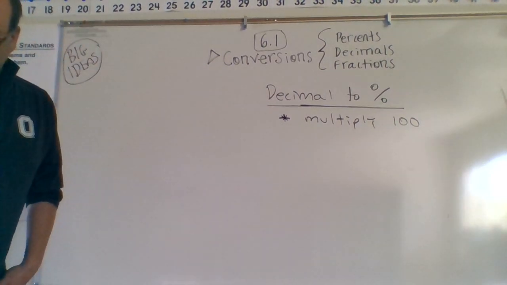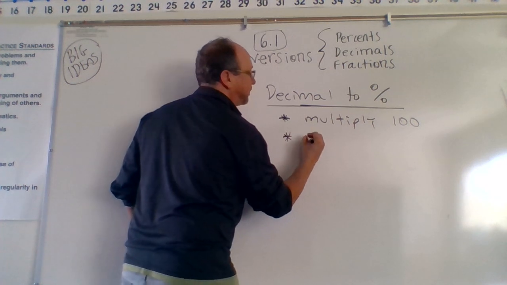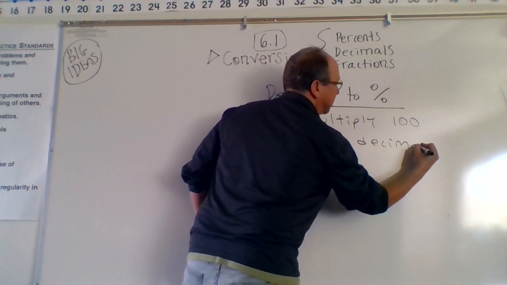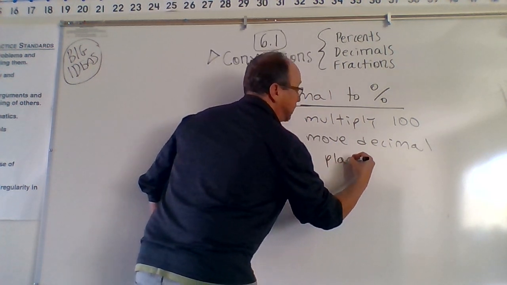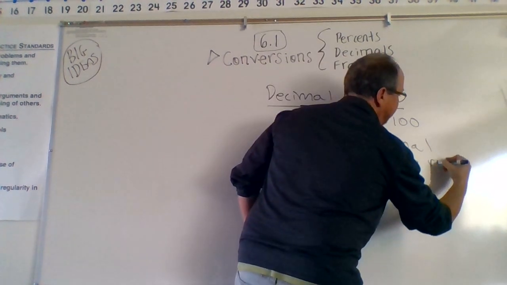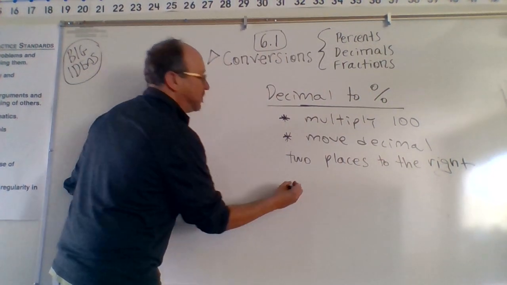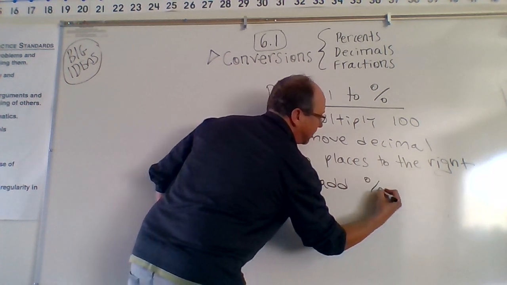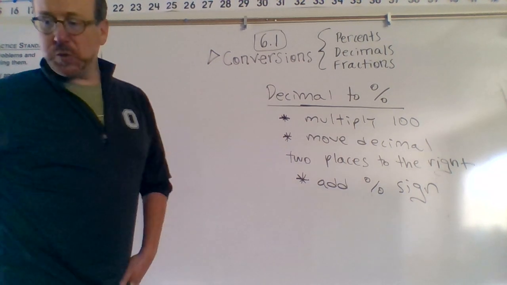Multiply by 100, which is, in this case, move the decimal two places to the right. And then, of course, add the percentage sign. So that's the deal for going decimal to percentage.